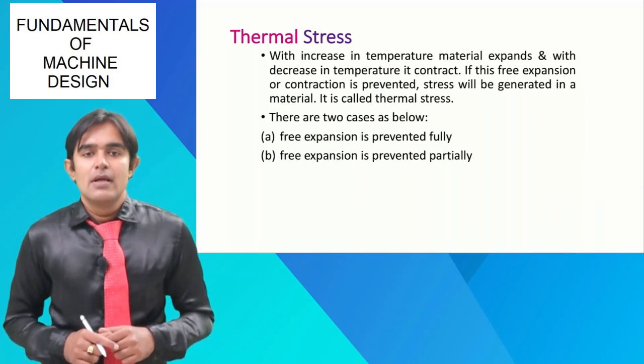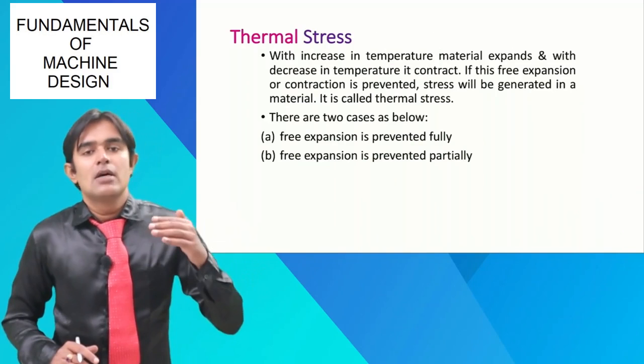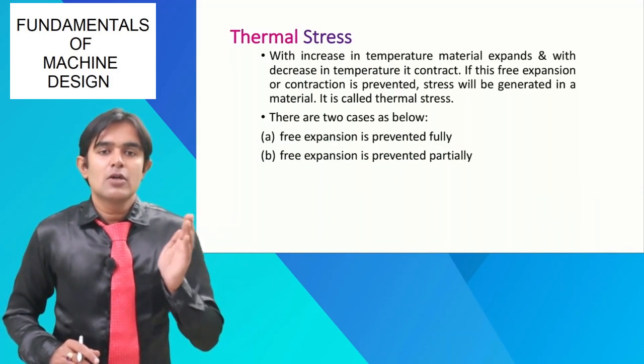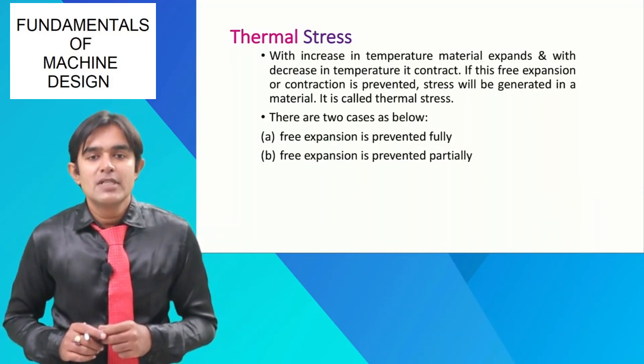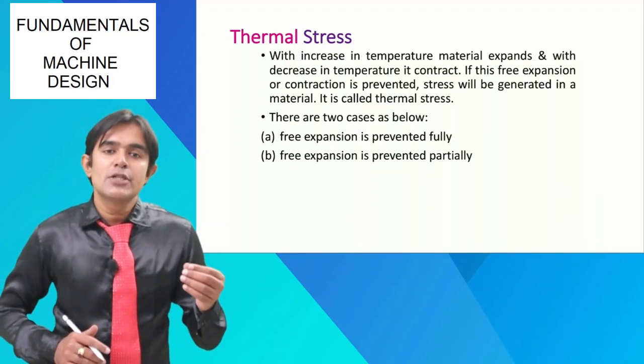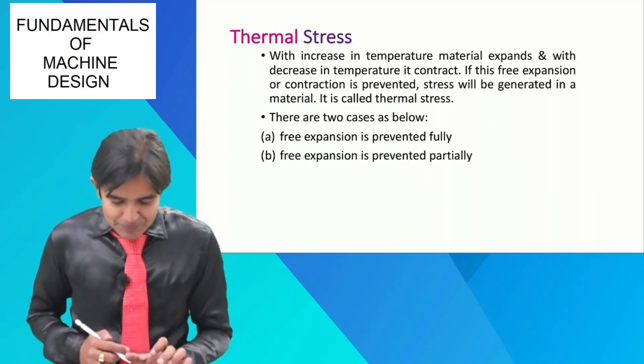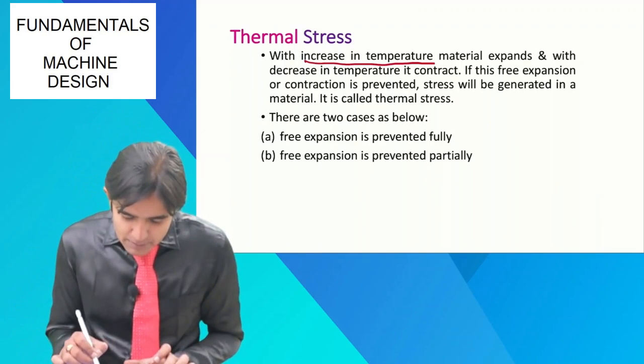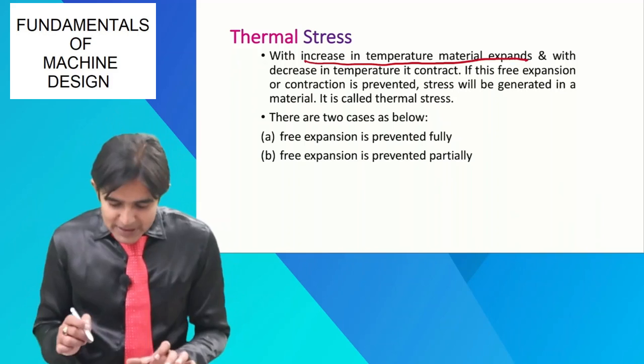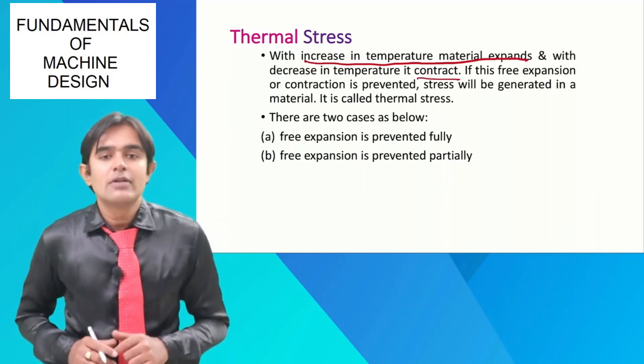Thermal stress. Just like direct stress or shear stress, there is a concept of thermal stress, which is, if there is a change in temperature of a body, then thermal stress is going to act. Let us see how. With increase in temperature, material expands, and with decrease in temperature, it contracts.